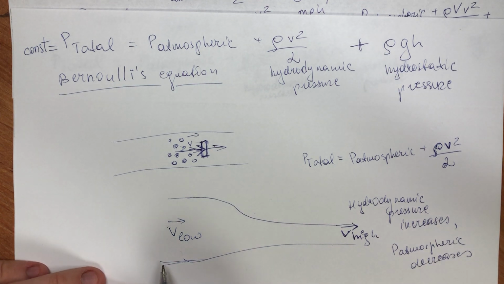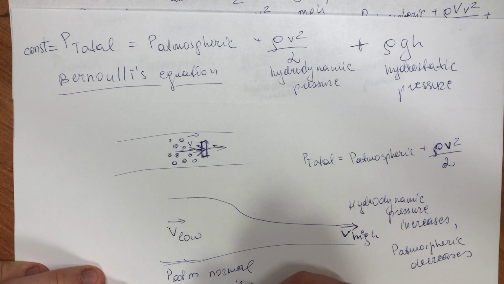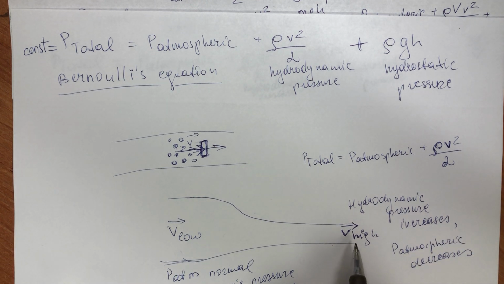In this case, P atmospheric was normal, and hydrodynamic pressure was lower compared to this. So when there is a restriction, where the pipe is narrower, then hydrodynamic pressure increases because the speed increases.